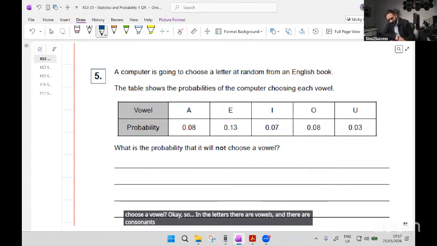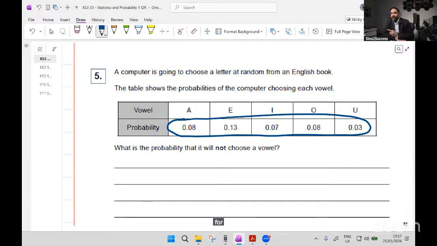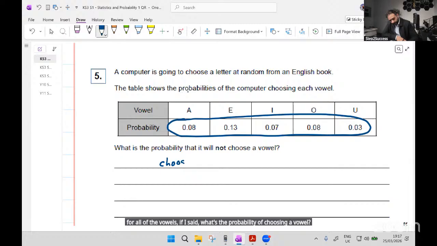This is showing you the probability of all the vowels individually. If I said what's the probability of choosing a vowel, which could be A, E, I, O, or U, you would add all of these probabilities up.